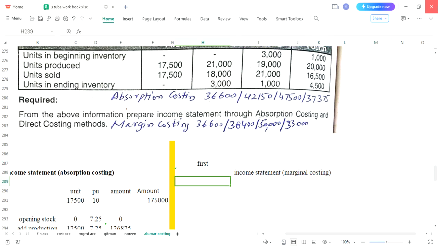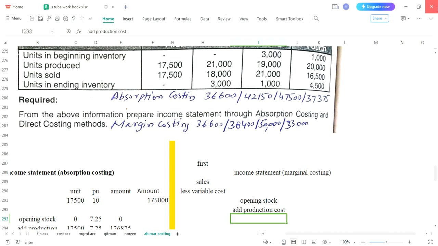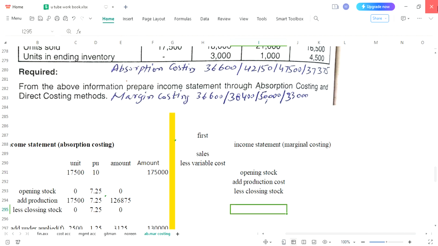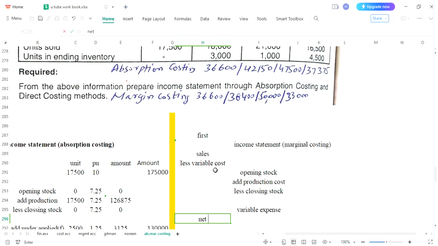Under marginal costing we need to have sales, and then you will subtract your variable cost only, and this variable cost will have opening stock, and then we will add our production cost, we'll subtract our closing stock, and we will see if there are extra variable expenses in the question. By subtracting variable cost from sales, we can get our net margin.